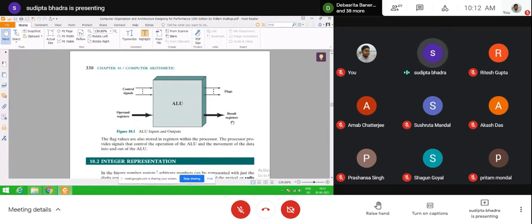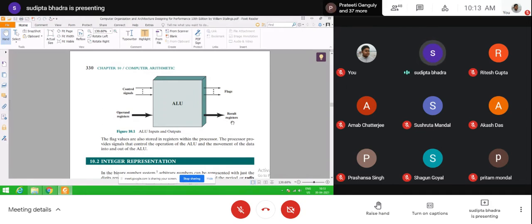The timing of the operation, that the values of R1 and R2 are added by the ALU and then the result is stored in R3, is totally controlled by control signals.